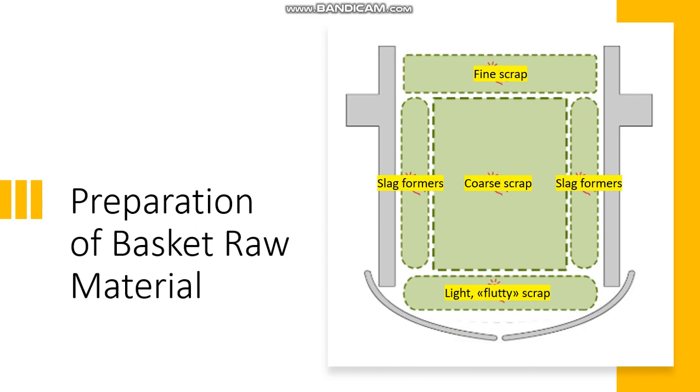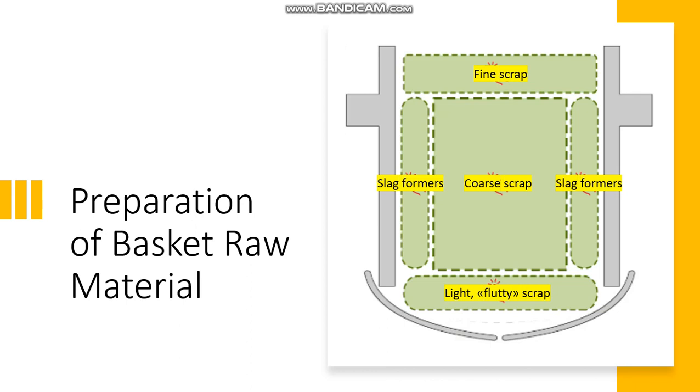In this slide, we can see the preparation of the basket raw materials. We have the slag formers that are often loaded into the side of the basket. After charging, they will end up close to the furnace wall. The fine scrap is loaded at the top as it's easier to melt.